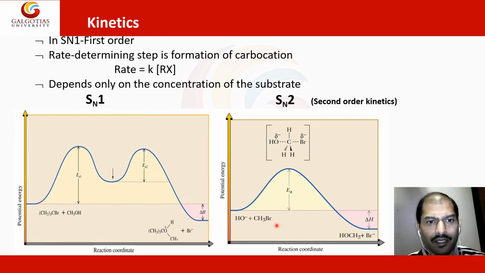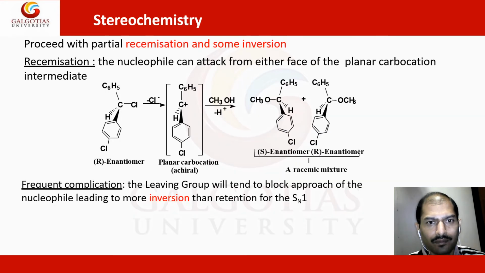If you make the reaction with something like methyl bromide and a nucleophile, similarly a transition state comes up where the nucleophile attaches to the carbon while the leaving group weakens its bond with the carbon atom, and finally it makes the product.